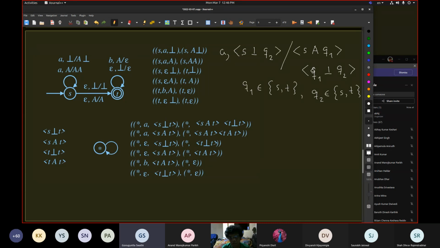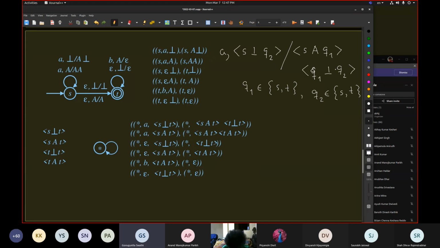So for example, I may have this S, SAS, this S for the case Q1 equal to S, Q2 equal to S. So I will generate four transitions out of this if I follow the mechanical construction.